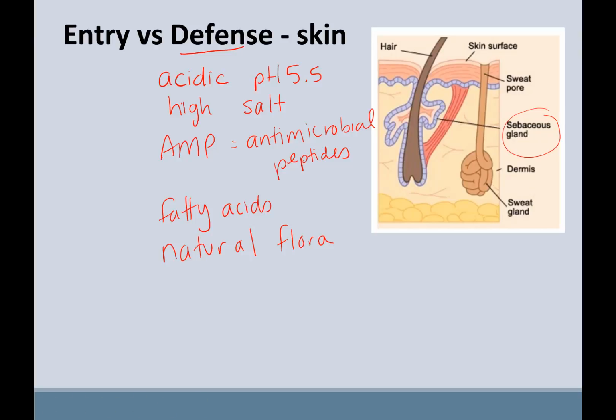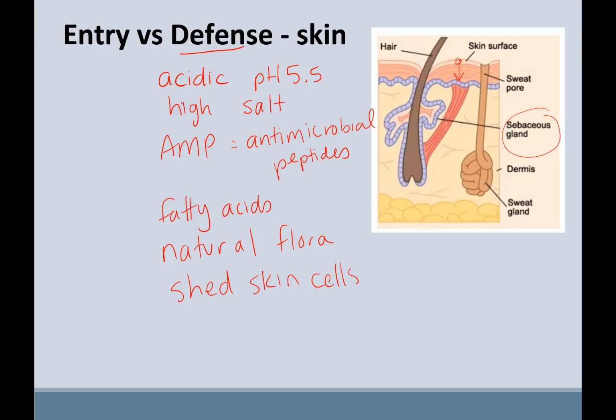We also shed our skin. Right? So you're constantly losing skin cells. And so unless an organism can stay here and penetrate through that skin layer, it's going to be shed off. That's why just simple hand washing, mechanically moving your hands back and forth, even without soap, is so good for preventing infections.